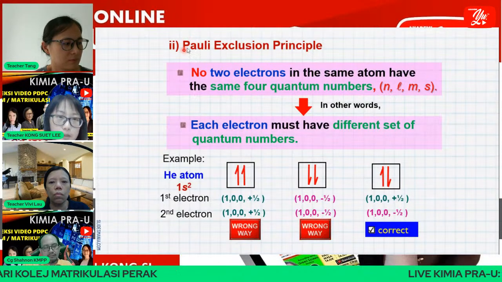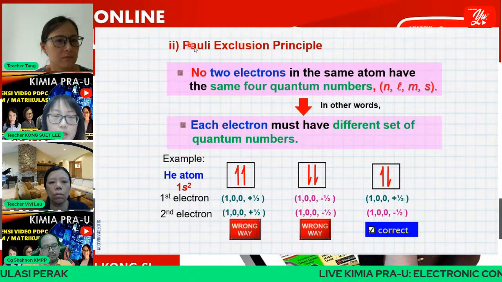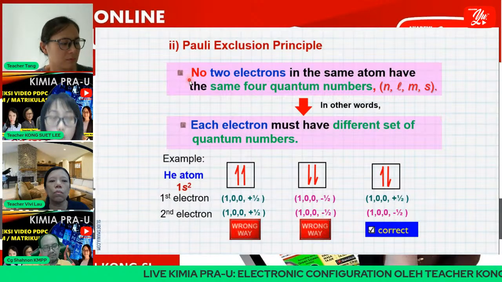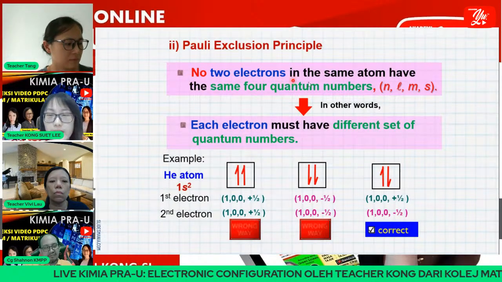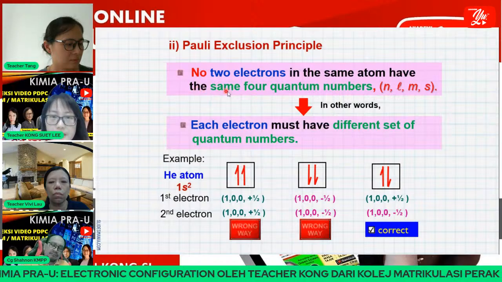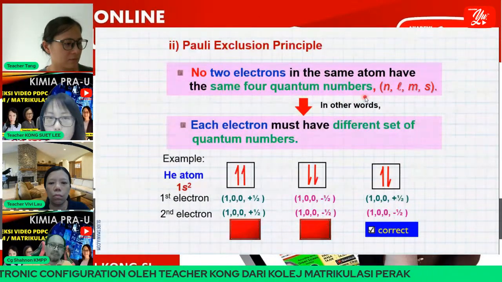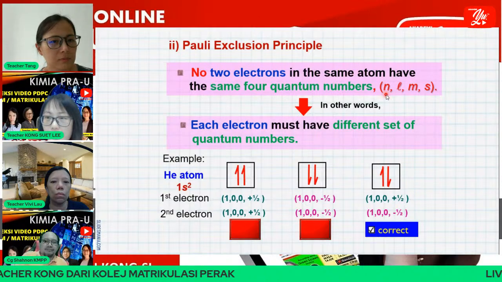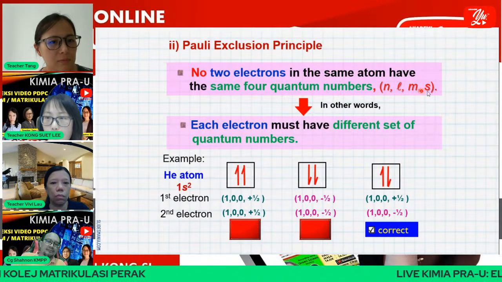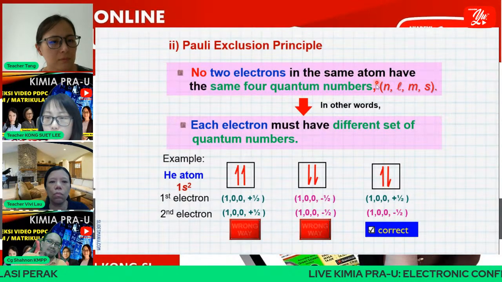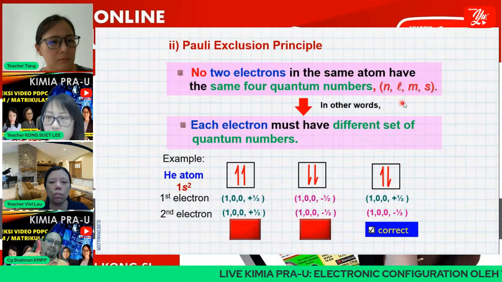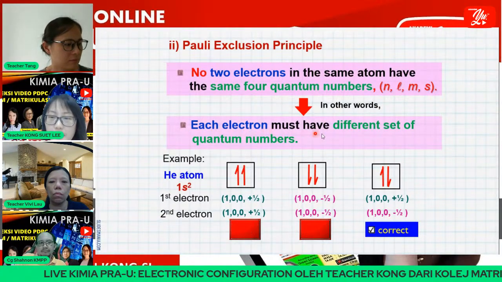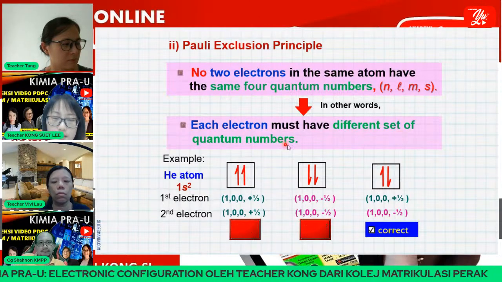The Pauli exclusion principle states that no two electrons in the same atom have the same four quantum numbers. What is meant by the same four quantum numbers? It means the set of n, l, m, s is not the same for each electron. In other words, each electron must have a different set of quantum numbers.